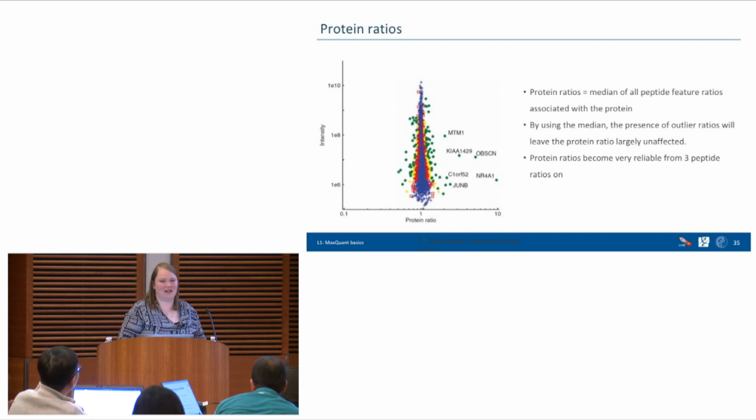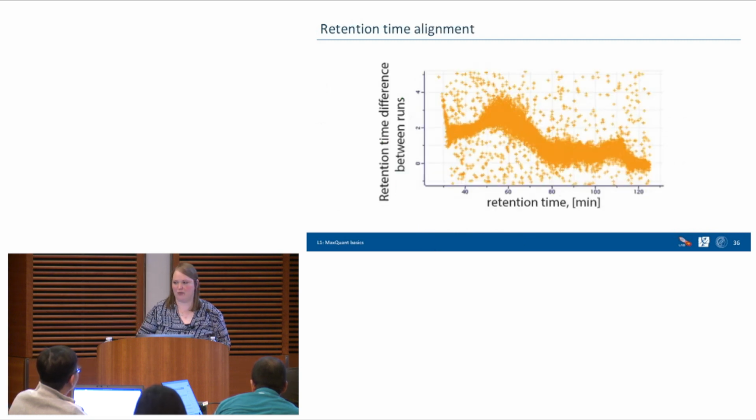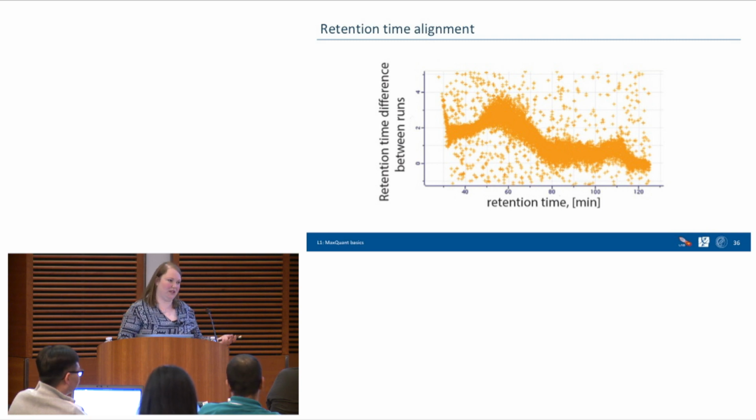For the retention time alignment, I will only mention it briefly because this will all be explained in detail in the label-free quantification session. But as I mentioned already at the beginning of the talk, sometimes you would like to look up features between runs, and this requires that you find exactly the position where you can look up. You need very accurate masses, which we have already corrected for, but also the retention time needs to be aligned between the runs.